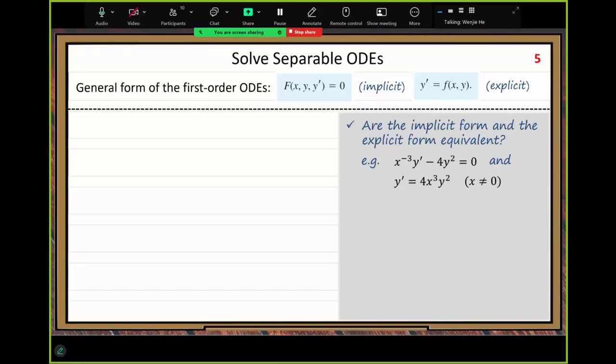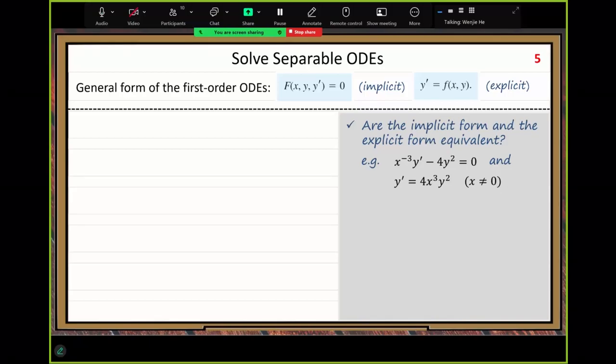If you have a very complicated capital F function, then you cannot write an explicit form. But here we can. When you write this one, you need an extra condition: x cannot be 0.